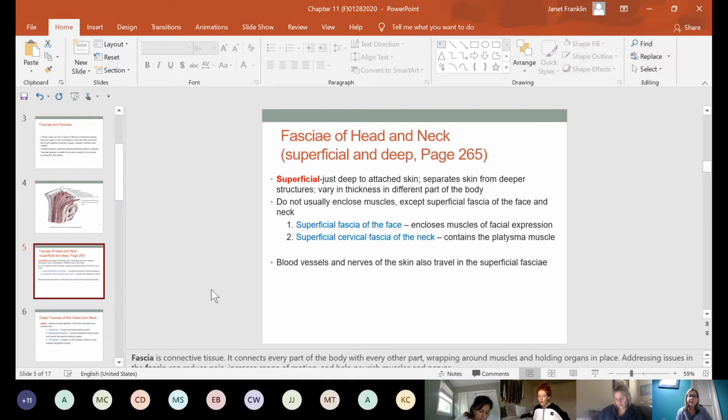So the superficial fascia of the face encloses the muscles of facial expression, and the superficial cervical fascia of the neck contains the platysma muscle, right down here. The blood vessels and nerves of the skin also travel in the superficial fascia.